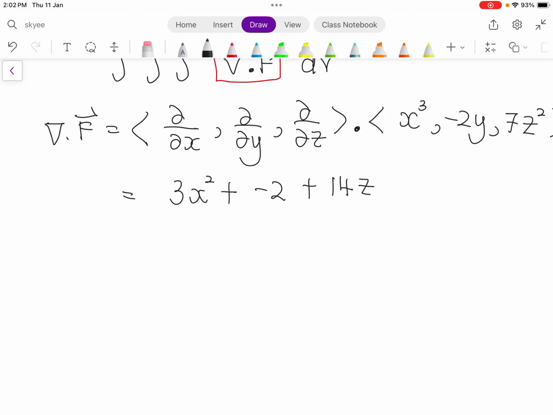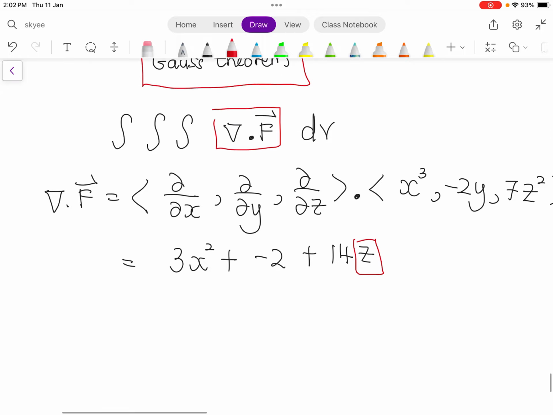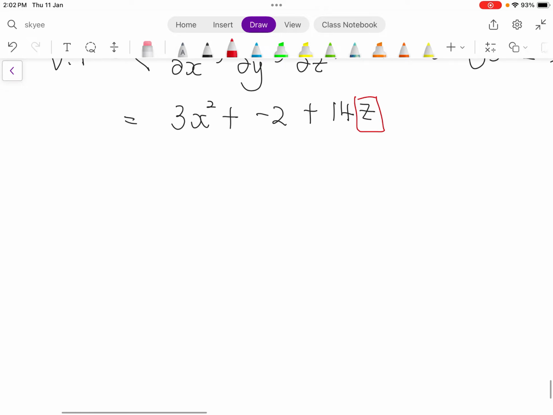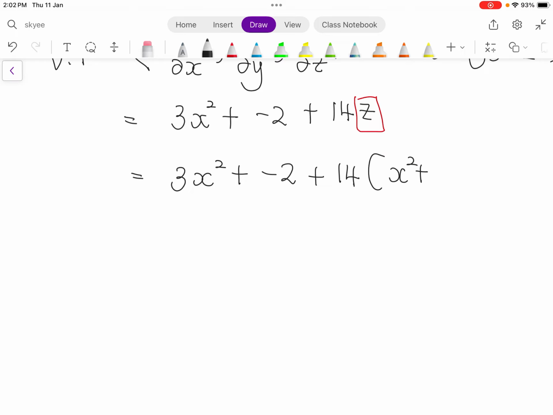The z over here you can replace with the equation of the cone. So it will become 3x squared plus negative 2 plus 14. The equation of the cone is the square root of x squared plus y squared, plus 3.